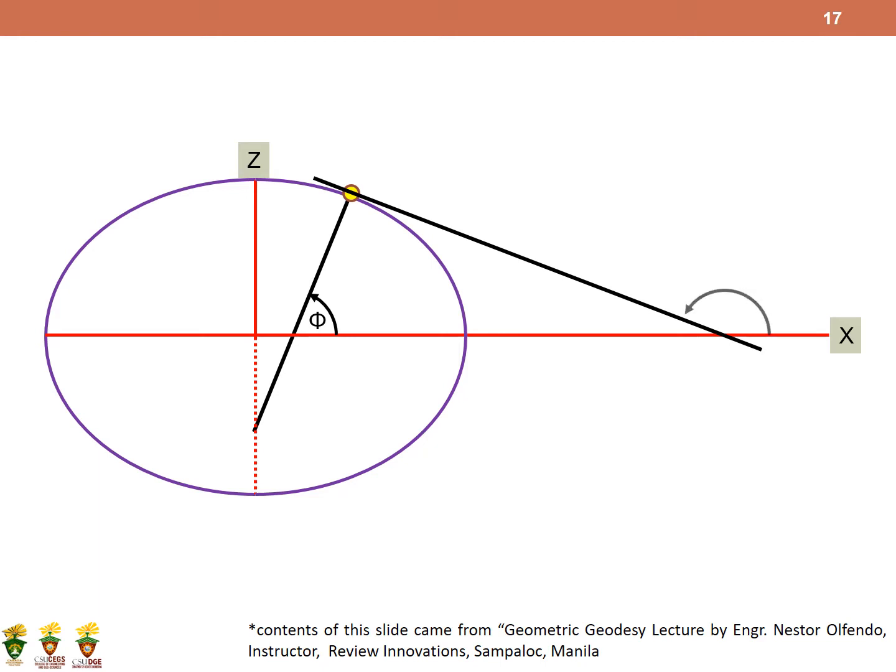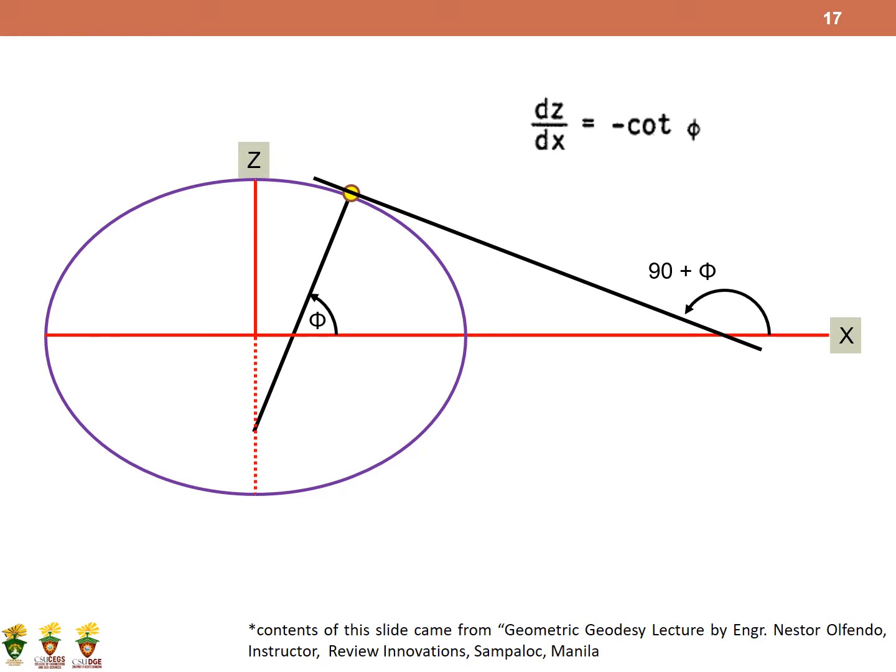If latitude is denoted by omega, then this angle, on the outside of the triangle, has the value of 90 plus latitude. From the derivation of the x and y coordinates of the geocentric, geodetic, and many more, we have this equation.